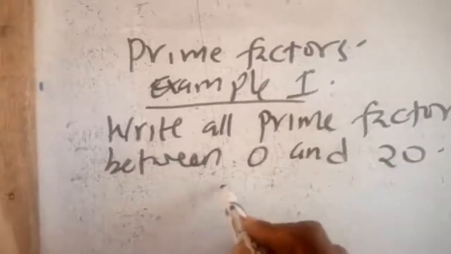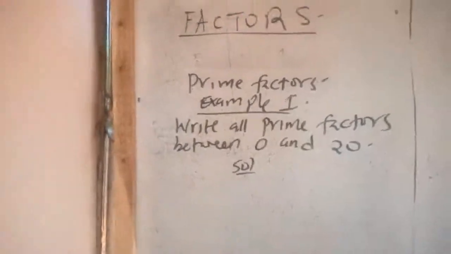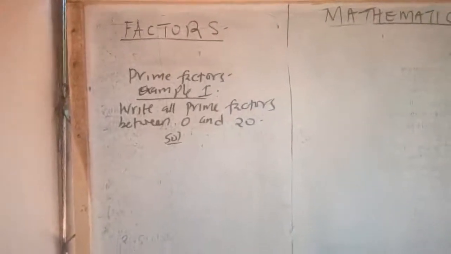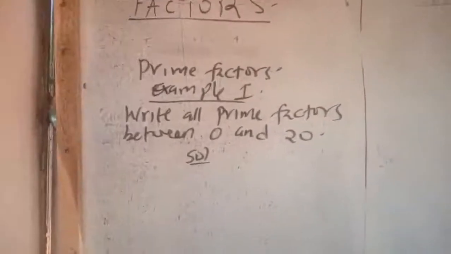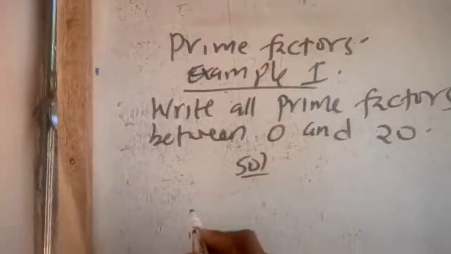So what is the solution to that question? You write all prime factors between 0 and 20.